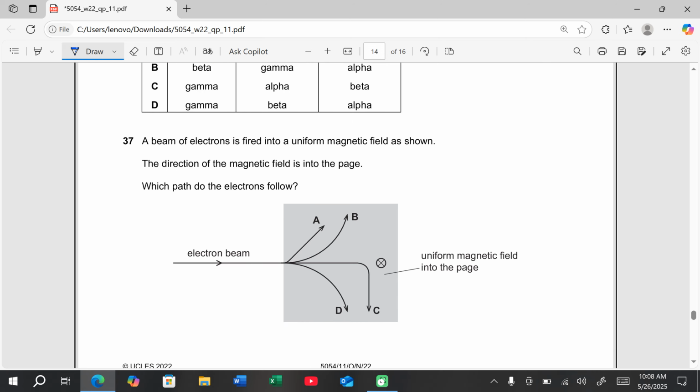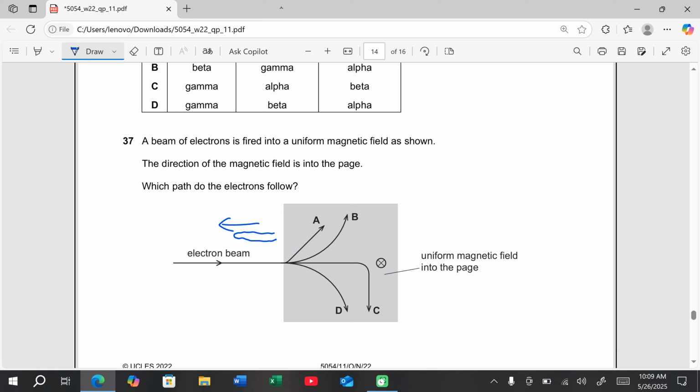A beam of electrons is fired at a uniform magnetic field as shown. The diagram shows the magnetic field into the page. Which path do the electrons follow? So we're going to use Fleming's left hand rule for this. Our middle finger, which is the current, should be pointing in this direction.